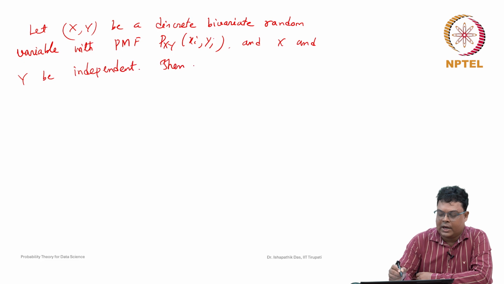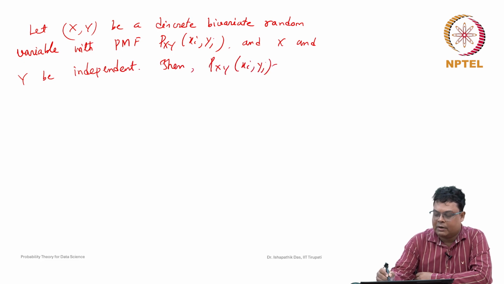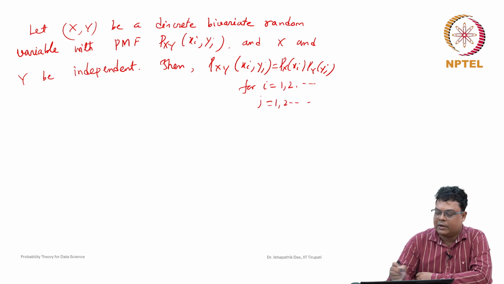Then we know that the joint probability mass function can be represented by the product of their marginals for i equal to 1, 2, up to n if it takes finitely many values, otherwise it may be countably infinite.